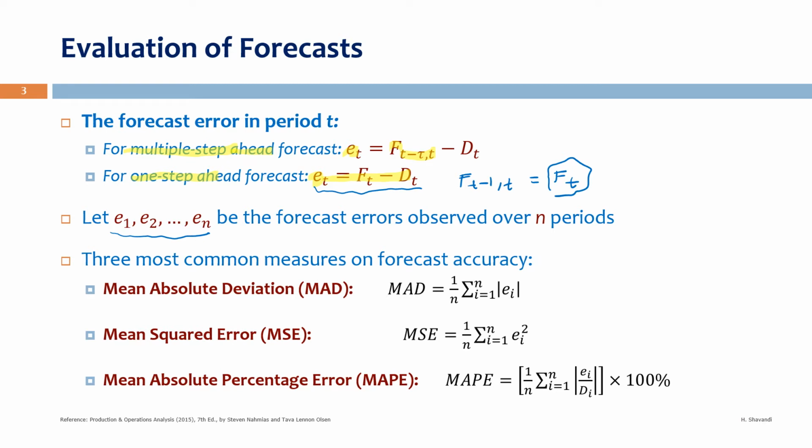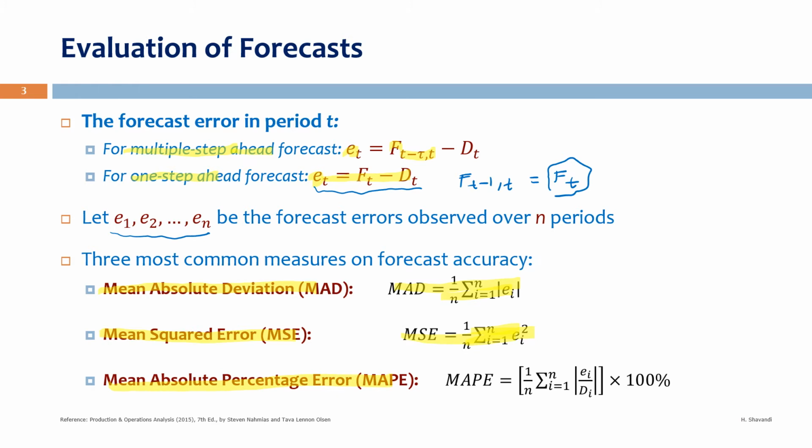So now we can calculate our measures. So here we have three measures: mean absolute deviation, or MAD. So it's a mean over the absolute deviations. Then mean squared error, MSE. So it's a mean over the squared values. And mean absolute percentage error, or MAPE.